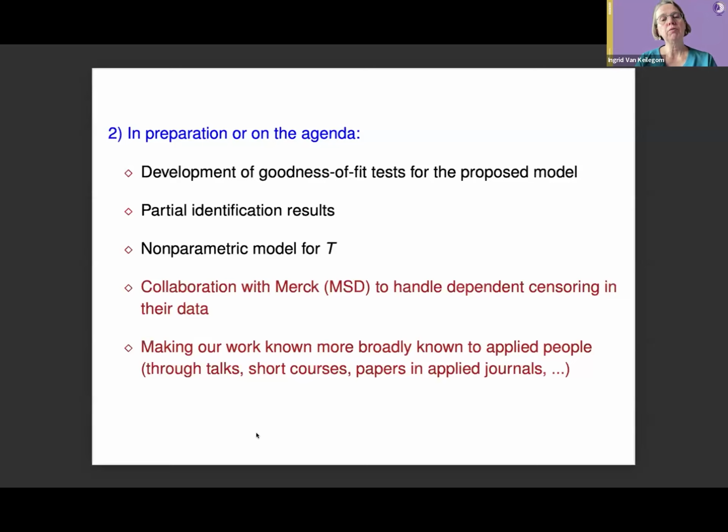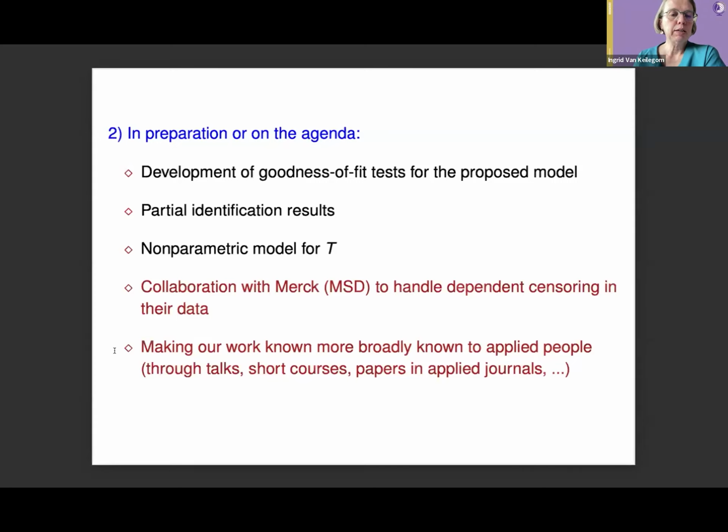We also try to have a non-parametric model for T, but in that case, you have to have a parametric C and a parametric copula. It will probably not be possible to have semi-parametric models for C and the copula, for instance.